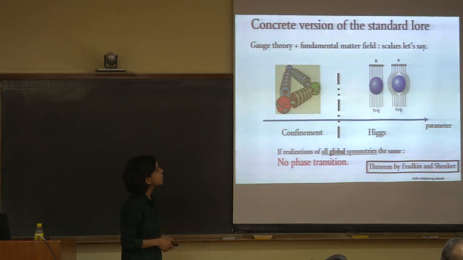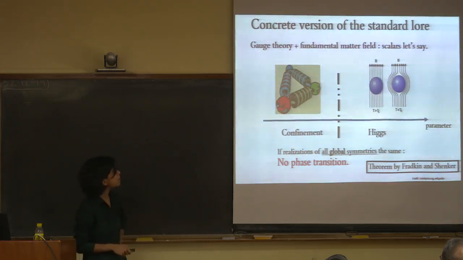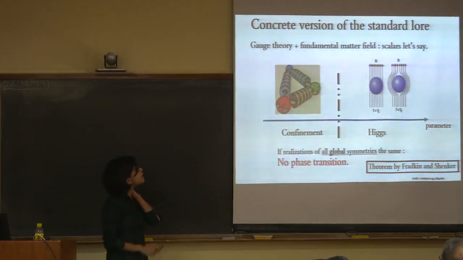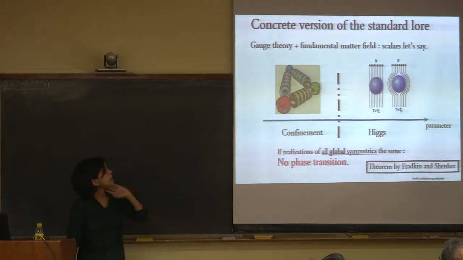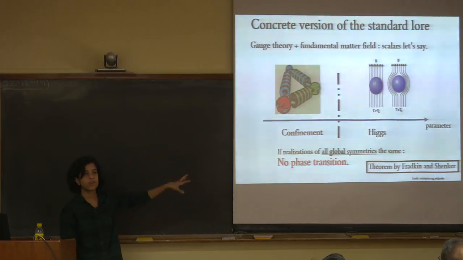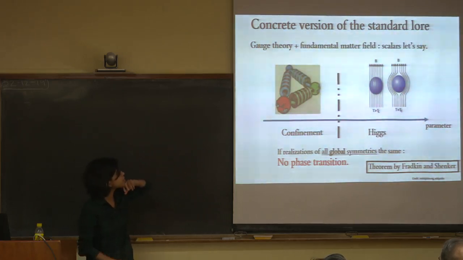This is one of the examples that Fradkin and Shenker looked at. And through this example, you can see where their theorem is applicable. Let's say you take a gauge theory and you add to it fundamental matter fields, and then add a potential for these fundamental matter fields.